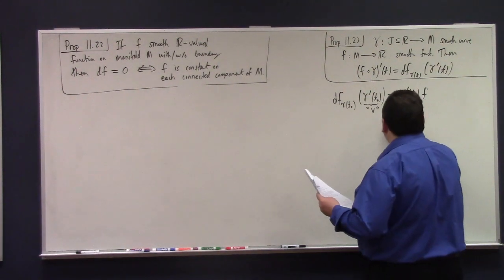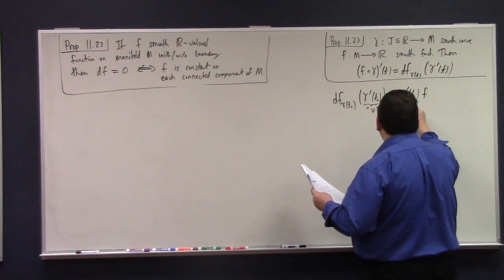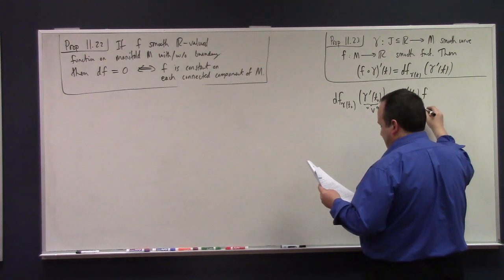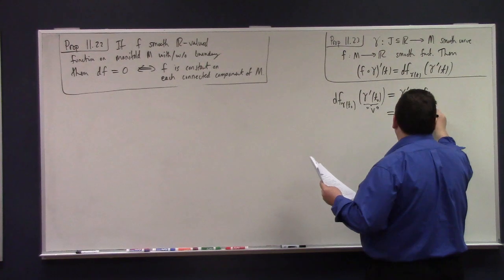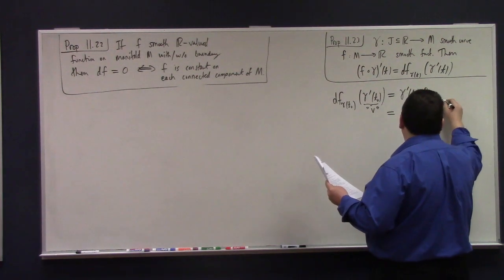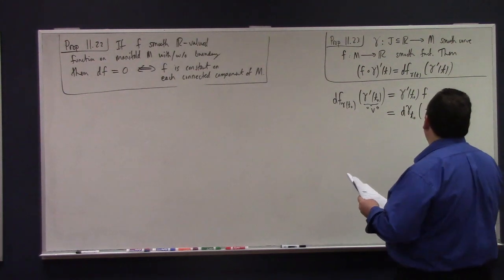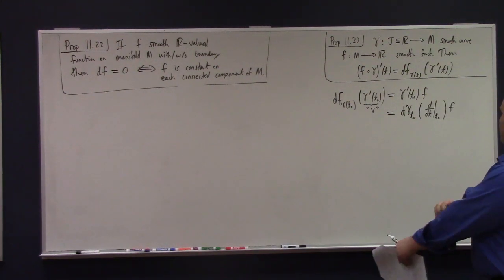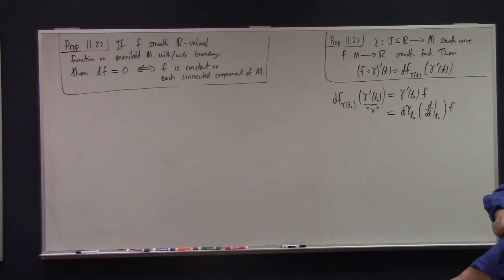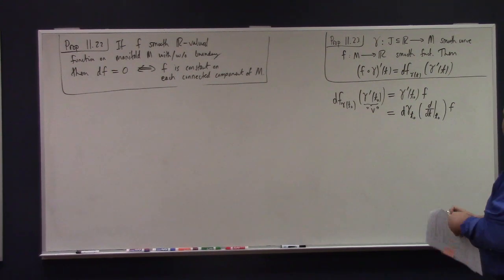Then we trade this for d gamma at t naught acting on d dt at t naught acting on f. So that was actually our definition of gamma prime from back in the day. I don't know if you remember or not.